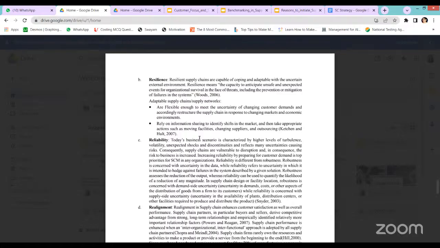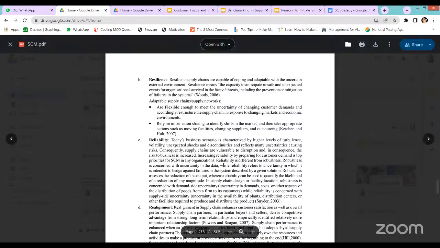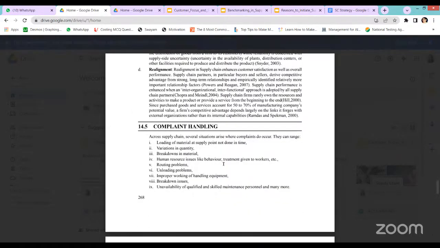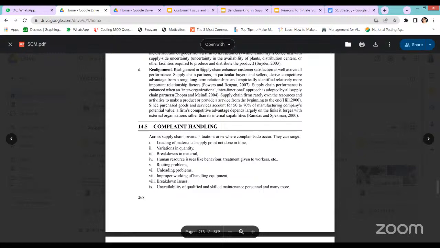How far is a customer able to rely on your product with respect to delivery, meeting the customer demand, quality, price, service, everything. So realignment enhances customer satisfaction as well as overall performance.